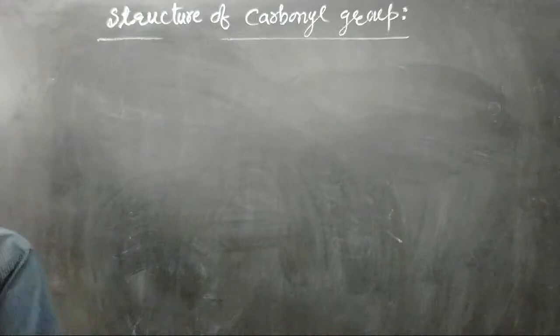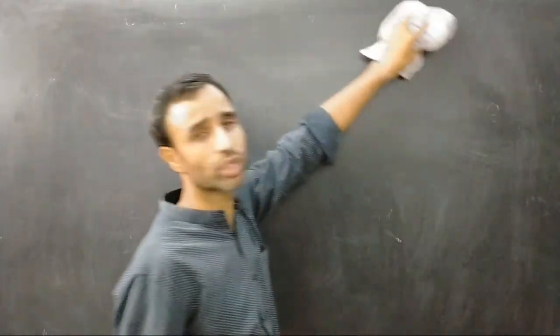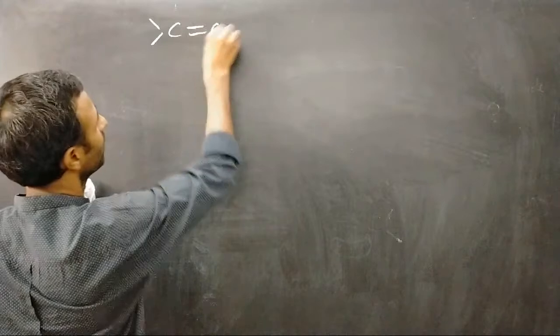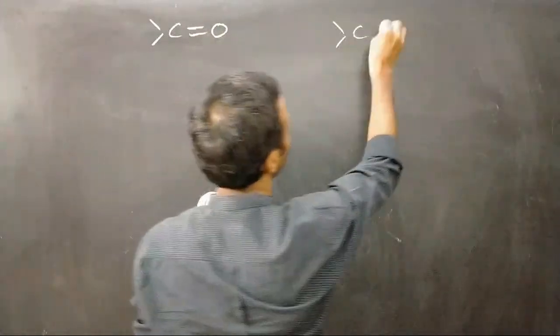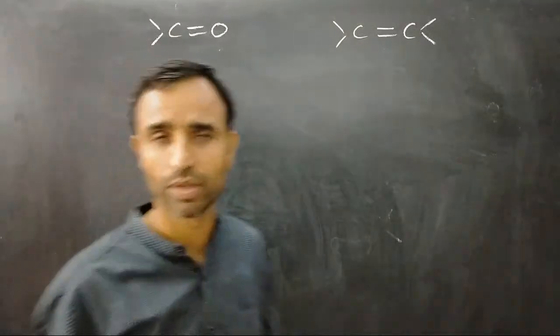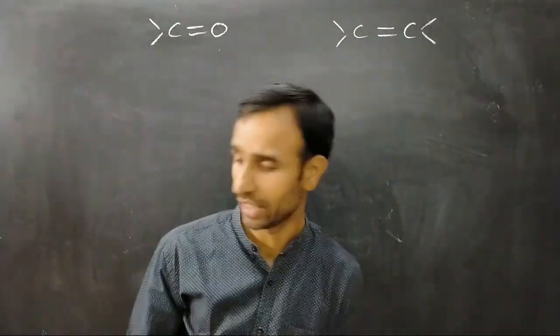Now chemical properties of carbonyl compounds. Before going through chemical properties, just tell me the difference between these pi bonds in carbonyl and alkene. What is the difference? Write the difference.